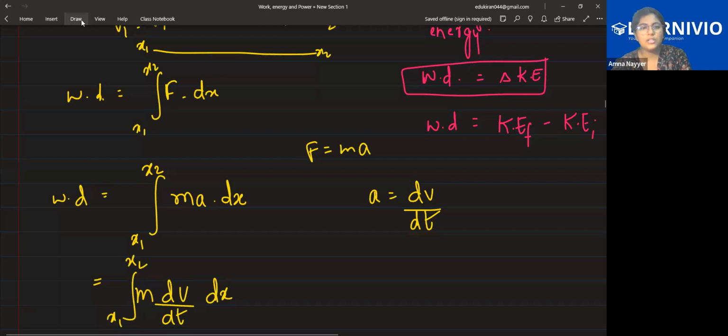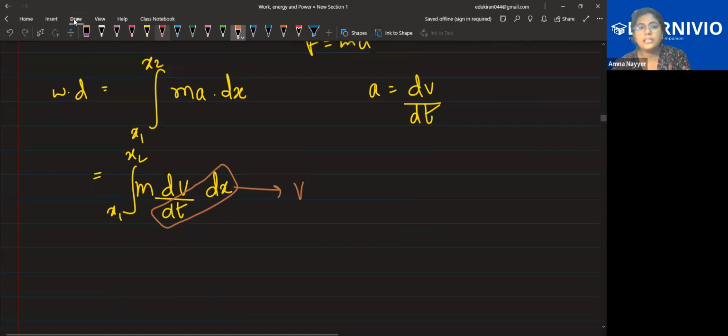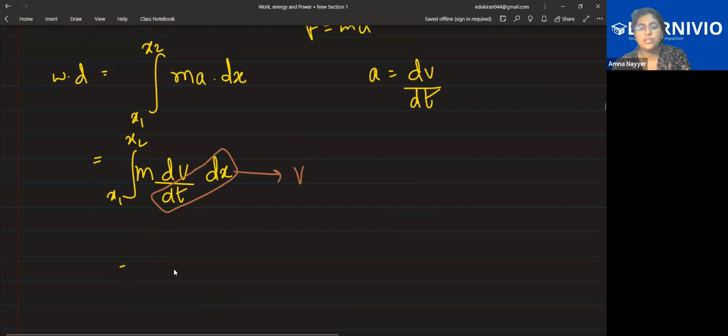As soon as you notice that in your equation there is this dx over dt, this dx over dt is equal to the velocity, immediately your integrals also change. So this is mv dv from v1 to v2 now. Clear? From v1 to v2.